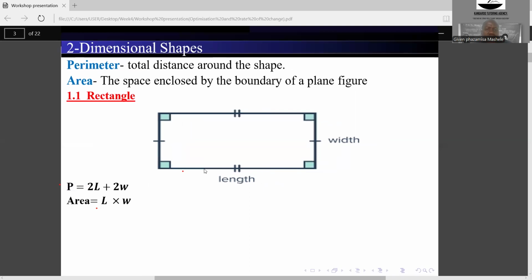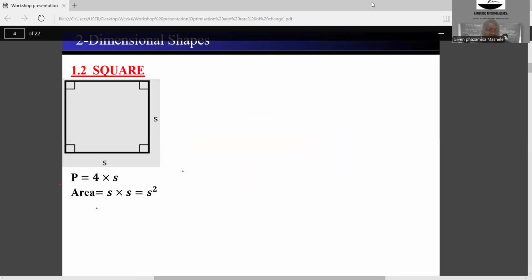What do you know about a square? A square is just a four-sided figure with all sides equal. So if all the sides are equal in a four-sided figure, with an angle of 90 degrees, then this is actually a square.